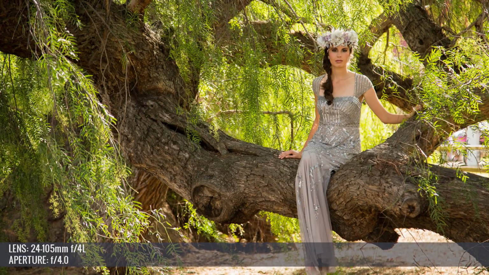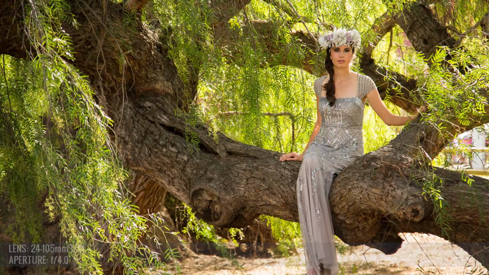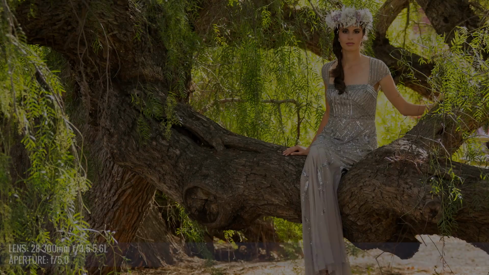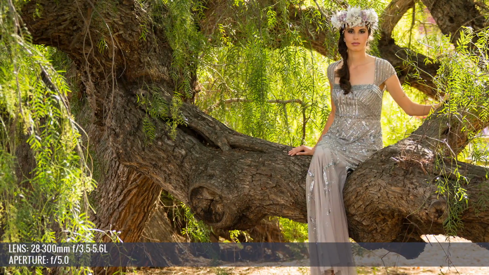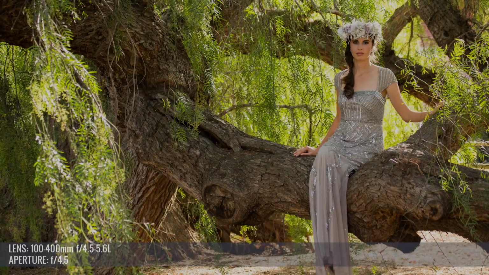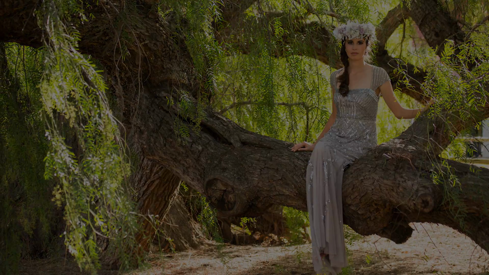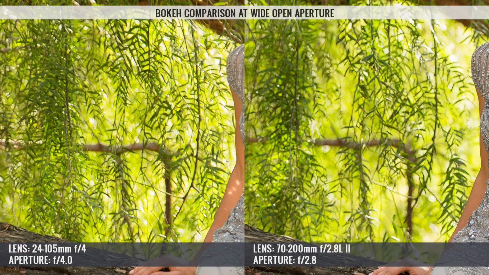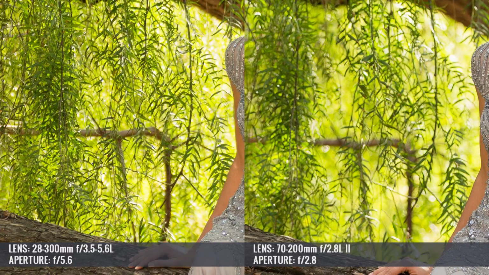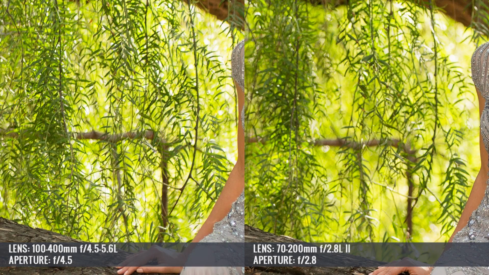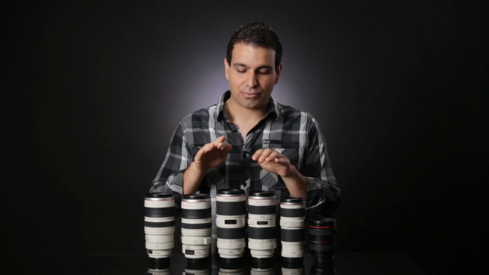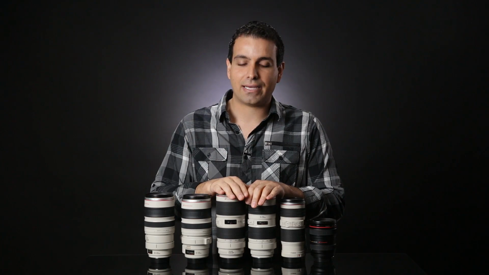The same thing held true at 100mm, and basically in viewing the 24-105 and the 28-300 and the 100-400, each of them appeared to be a little bit soft, and it was noticeable before we even zoomed into the images. In addition, they all had less bokeh. The aesthetic quality of the bokeh wasn't as good as the 70-200s. And we're talking about both versions of the 70-200s, both the f2.8, the f2.8 IS version, and the f4.